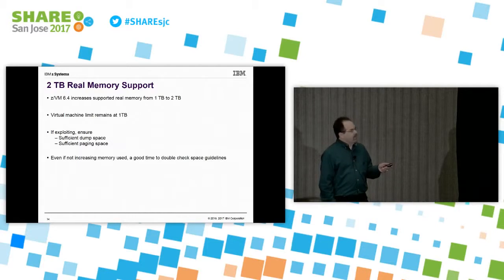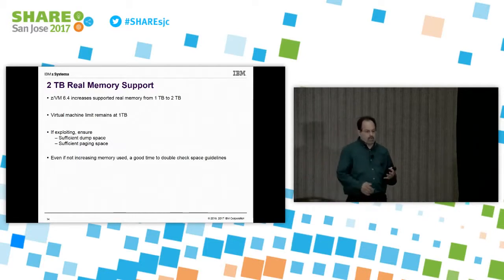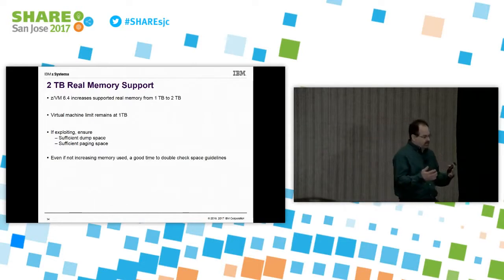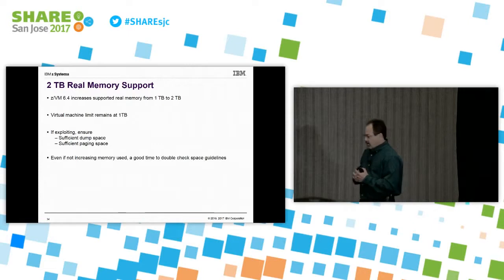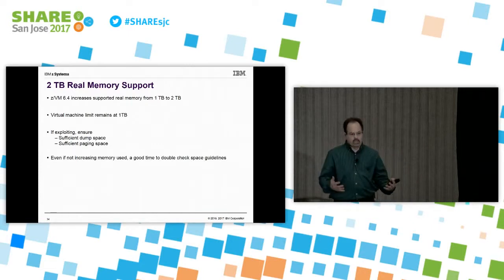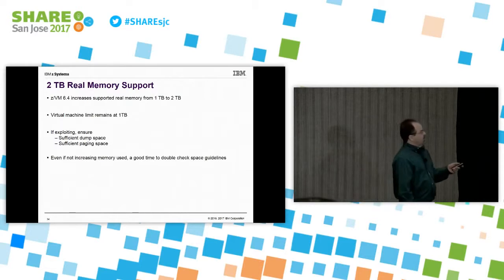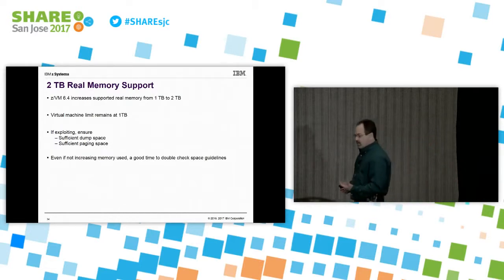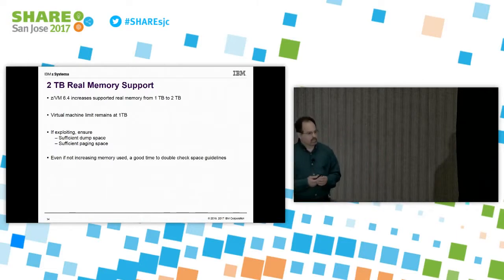As memory sizes get bigger, the requirements for dump space and page space also increase. So in any case, you want to make sure you have enough. If you're going to increase your real memory, especially when you get up to these sizes, make sure you have sufficient paging space and sufficient dump space.